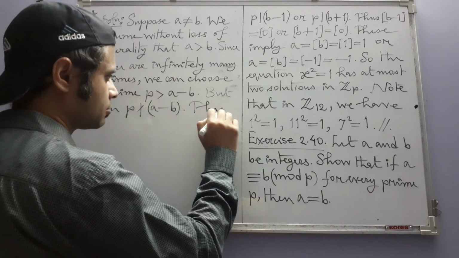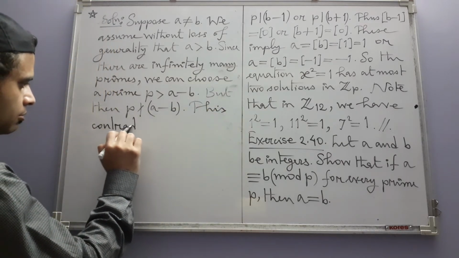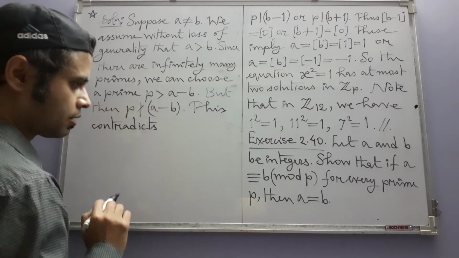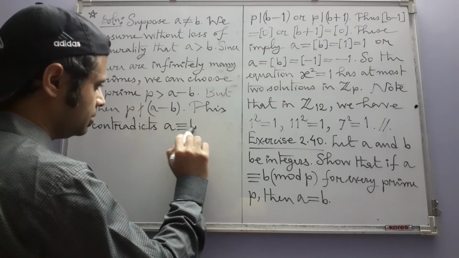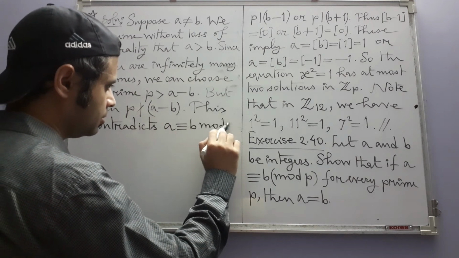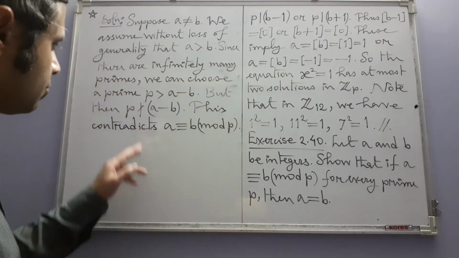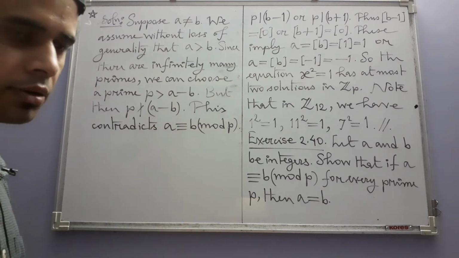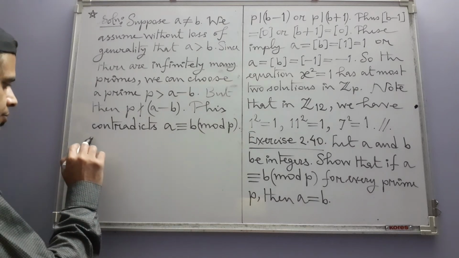This contradicts the hypothesis that A is congruent to B mod P. It's given that this is true for any P, but for this particular P we see that this is being violated. So that is why we have arrived at a contradiction.